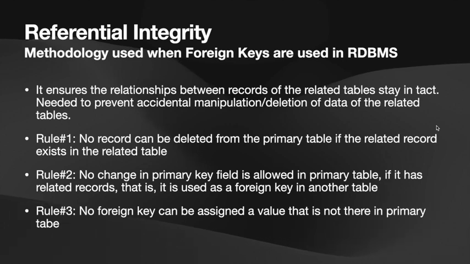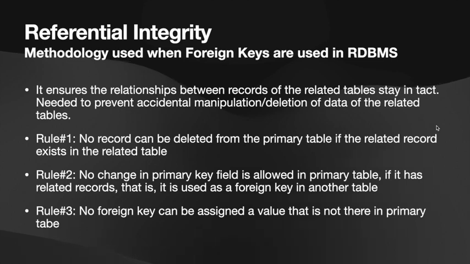For example, there is a database called a library database management system, LDBMS. In that library database management system, the customer data can be stored in one table, and the books which the customer is going to buy can be stored in another table.